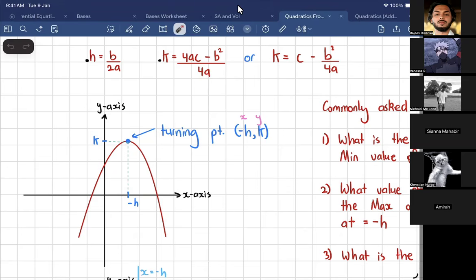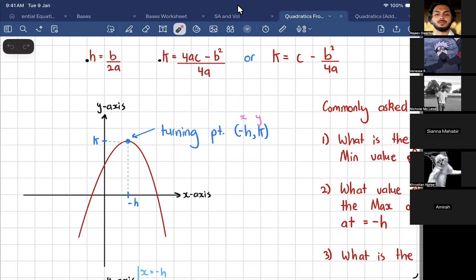If they ask you to express a quadratic in any form, ax squared plus bx plus c, in the form a in brackets x plus h squared plus k, you use the formula to find h, which is b over 2a.